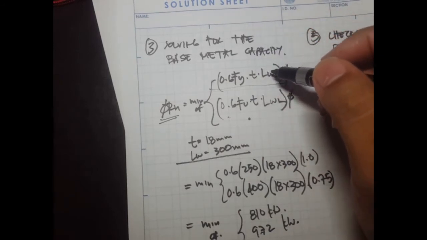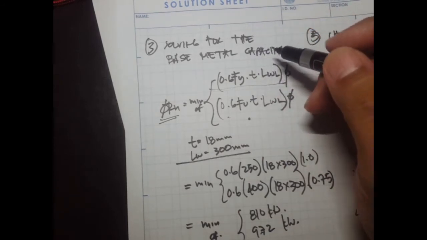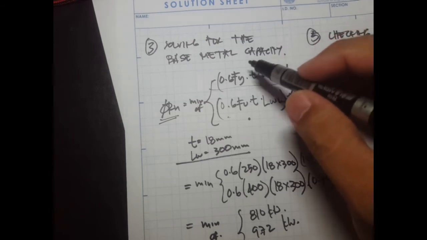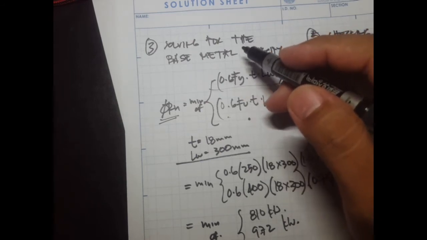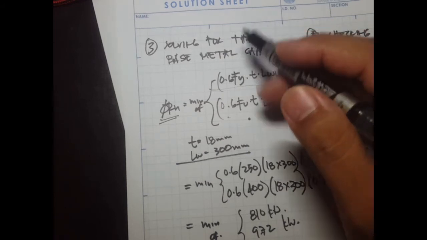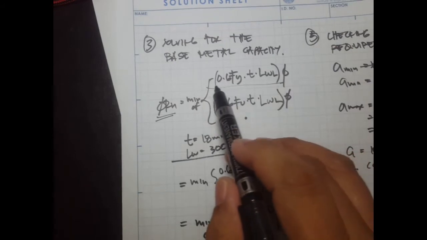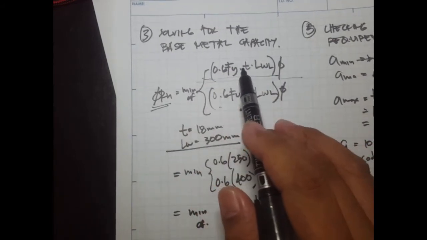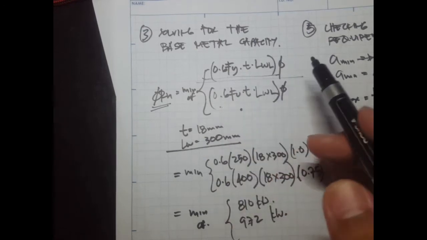Since we only have A36 for both the bar and the gusset plate, we can simply use the minimum thickness of the two, and we apply these expressions on shear yielding and then shear rupture.